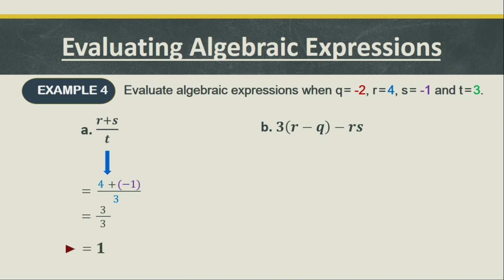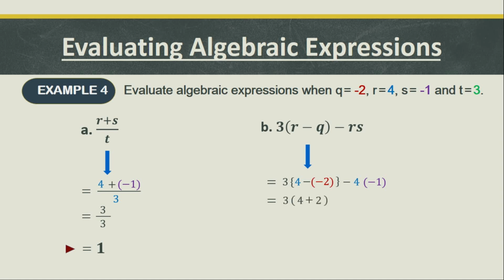Let's move to the second example. Again, substitute the value of q, r, and s. This is equal to 3 times the quantity of 4 minus negative 2 minus 4 times negative 1. Simplifying first the ones in the parentheses. So this is equal to 3, and then open parentheses 4, and then negative times negative 2 equals positive 2.